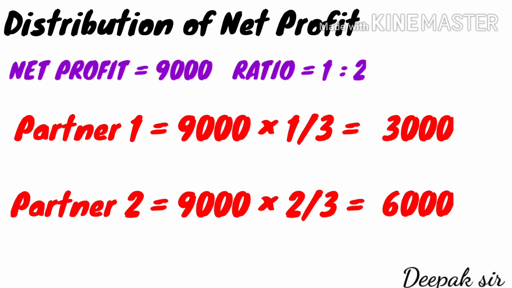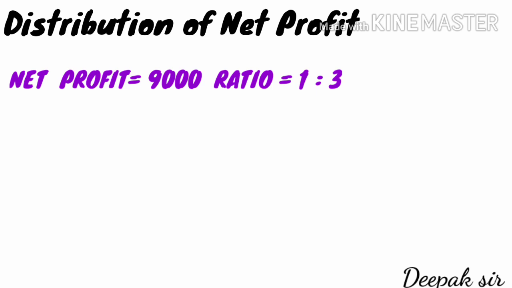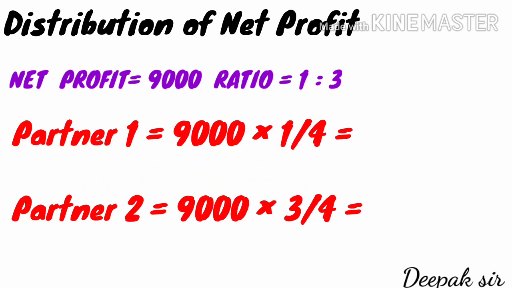Now let us take a second example where we will keep the net profit same, that is 9,000. Now ratio we will change. Ratio, let us take 1:3. So for partner 1, it will come net profit, that is 9,000 multiplied by first partner share is 1, divide by denominator, that is we have to add both the partner share, that is 1 plus 3.